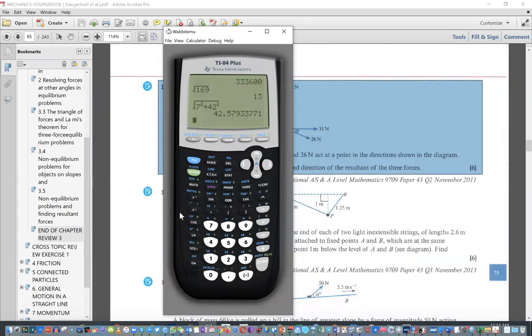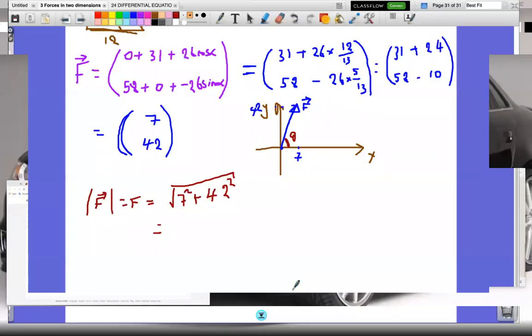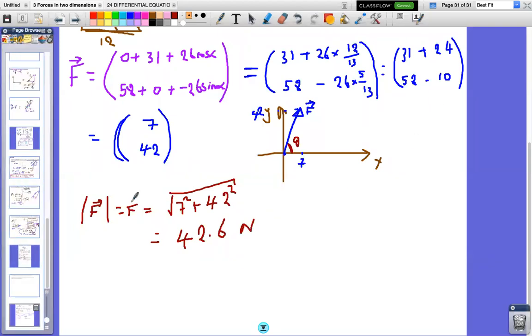That gives us 42.6 newtons. So it's 42.6 newtons. And direction, you just find the angle theta.